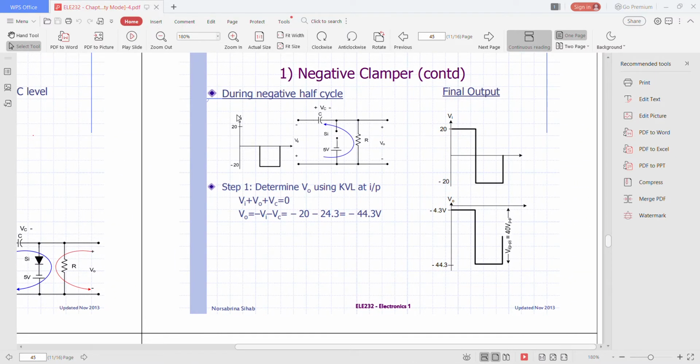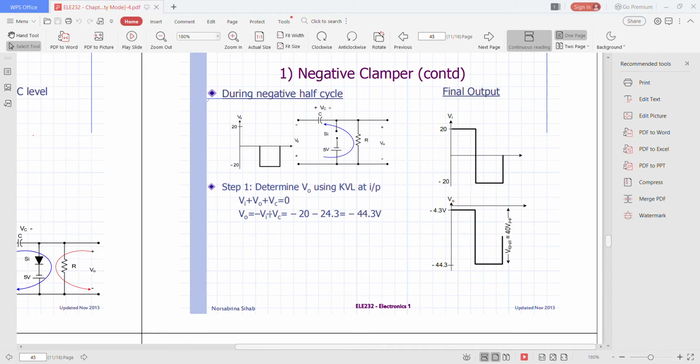Now we go on to the negative half cycle. So during negative half cycle, as you can see in the figure, the diode will be off. So the current will flow through resistor R and pass through the capacitor. First step is to determine Vout using KVL at input. So here, the equation will be Vin plus Vout plus Vc equals to 0.